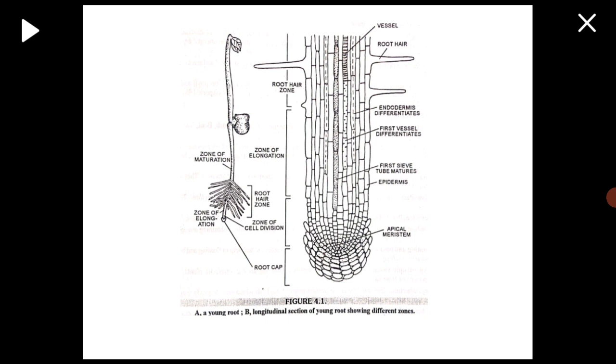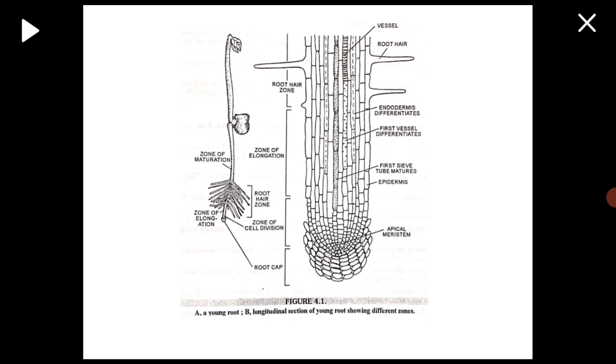Here some new root hairs are formed and grow out into the soil. Individual root hairs die and are sloughed off in the older part of the root, which is beginning to grow in thickness.